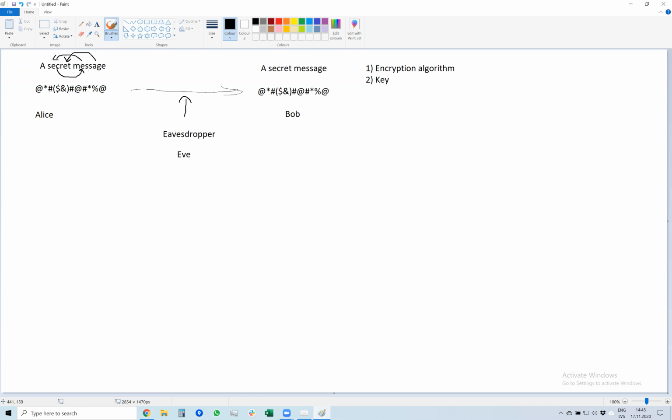Okay, so if I don't tell anyone how I mix the letters, what the algorithm is, is it mixing the letters, or adding 1 to every letter, or something else? If Alice and Bob keep the encryption algorithm a secret, then this encryption system would be impossible to break.